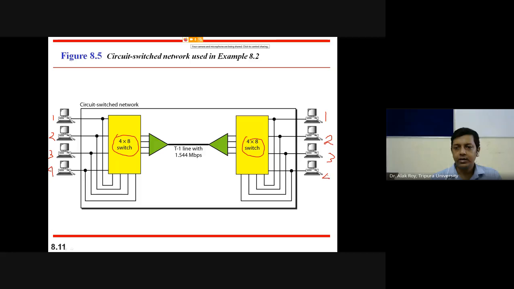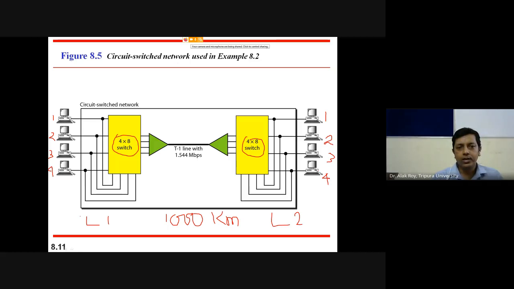So at the sender side, let's take it is at location 1 and the other is location 2, and the distance is, say, 1000 kilometers. For 1000 kilometers, to communicate from 1 to 4, or 4 to 1 or 2 to 3, or say 4 is communicating to other 4 simultaneously, at least how many wires do you require?